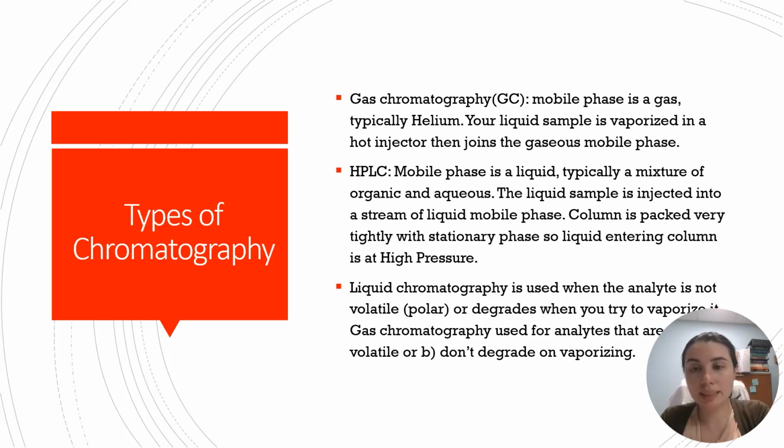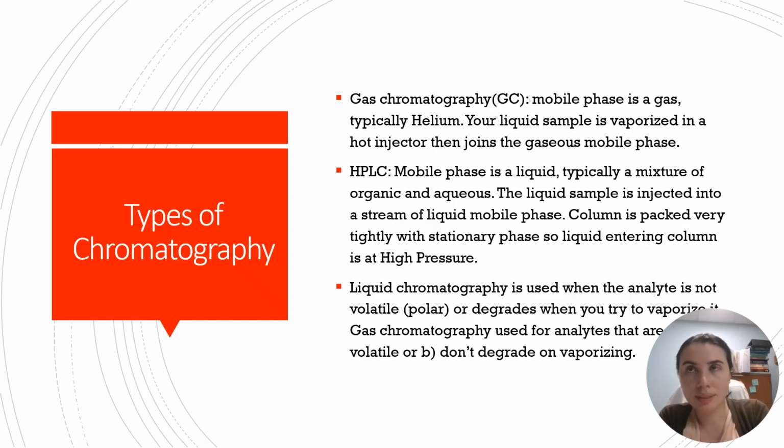Now, depending on the nature of your mobile phase, you can have multiple types of chromatography. Gas chromatography: mobile phase is a gas, typically helium. Your sample, even though it starts off as a liquid, is vaporized in a hot injector before it joins the gaseous mobile phase.